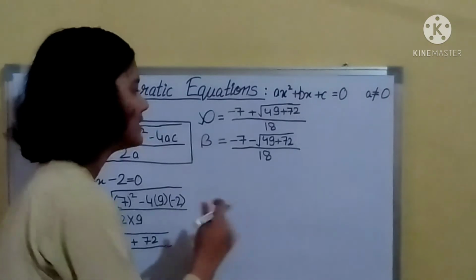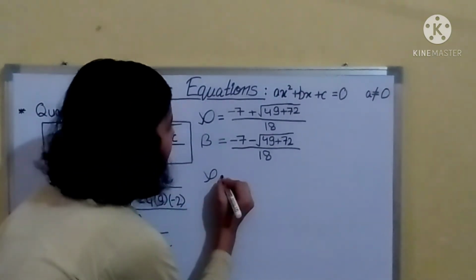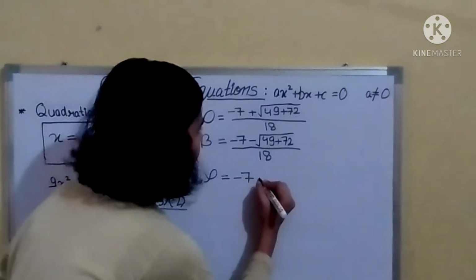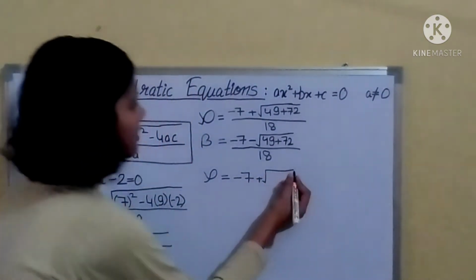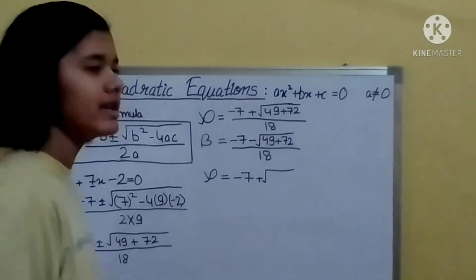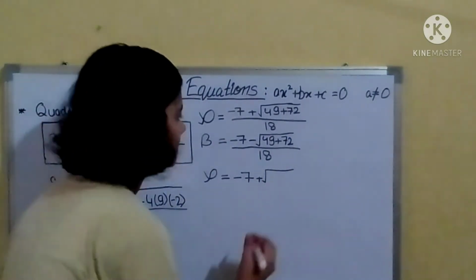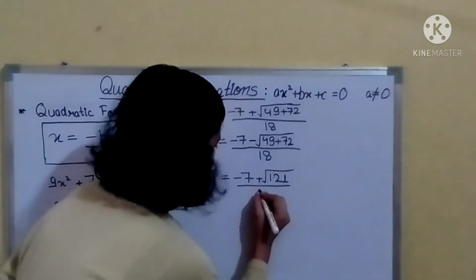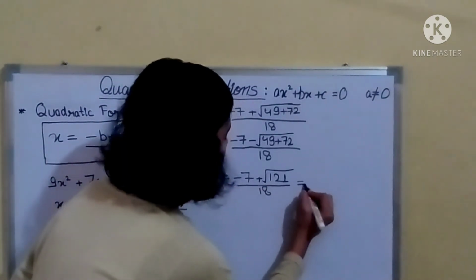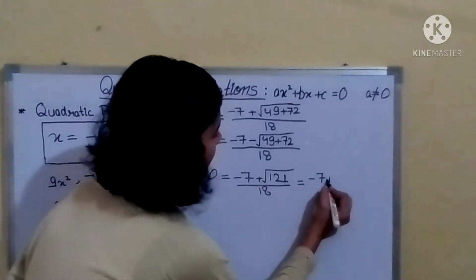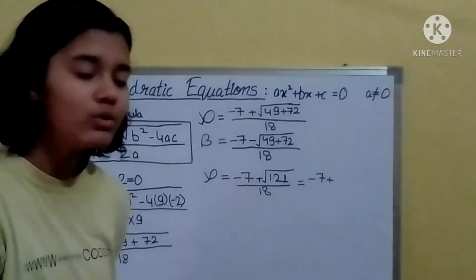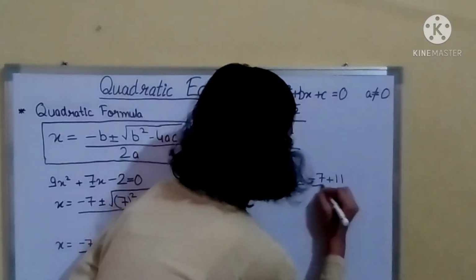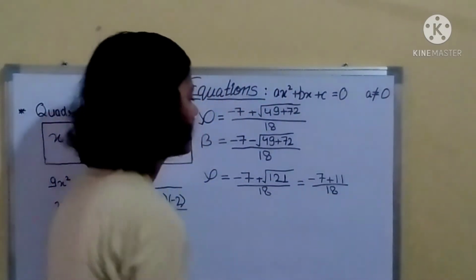Okay. First we will solve with alpha. Alpha is equal to minus 7 plus root 49 plus 72, which is 121, upon 18. Now what is the square root of 121? It's 11. So minus 7 plus 11 upon 18.